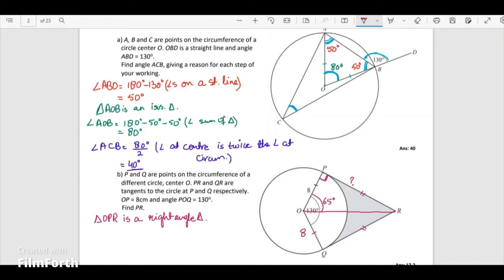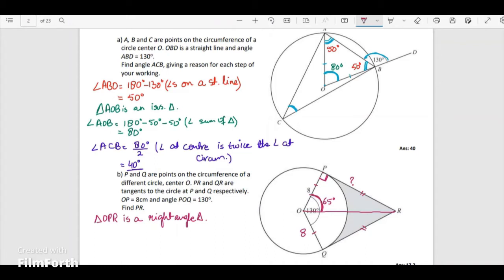And in this triangle, if I have to figure out the length, I know in right angle triangles I can either use trigonometric ratios or the Pythagorean theorem. Since for the Pythagorean theorem I need to know two lengths, but I just know one length here, that's 8 centimeters, and I do not know the other, therefore I'm sticking to trigonometric ratios here.